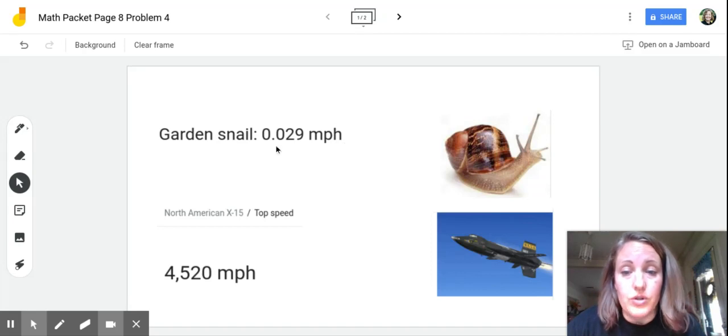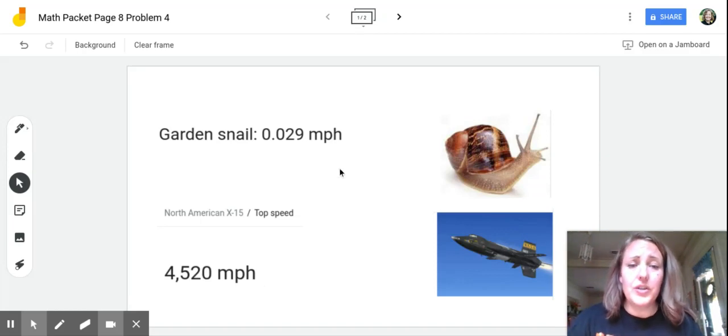That's very slow, right? And then an X-15 fighter jet is 4,520 miles per hour. So way, way fast, right?